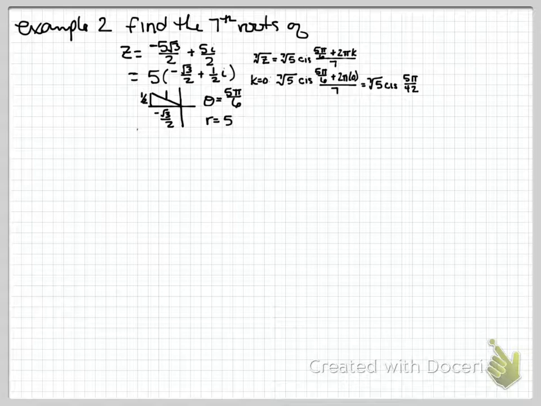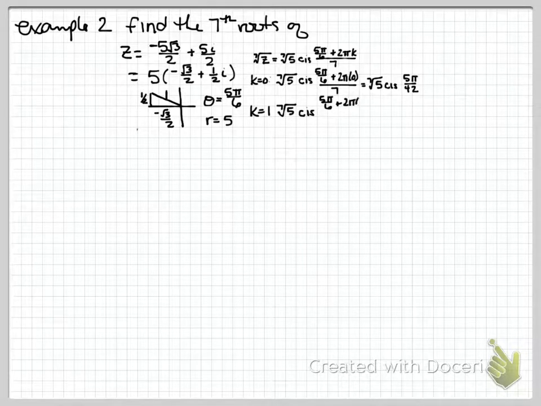Alright, now let's do k equals 1. That's going to be the 7th root of 5, CIS, 5 pi over 6, plus 2 pi times 1 over 6.